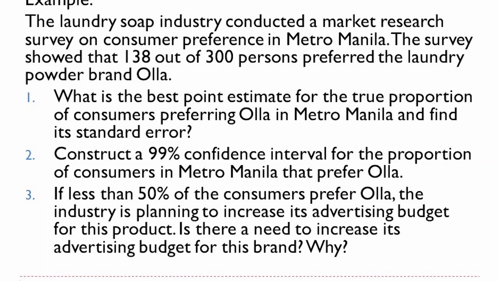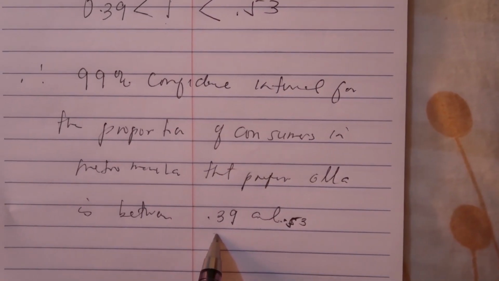So for number 3, answer: since 50% is contained in the 99% confidence interval, okay? So your 99% confidence interval is between 39 to 53%.